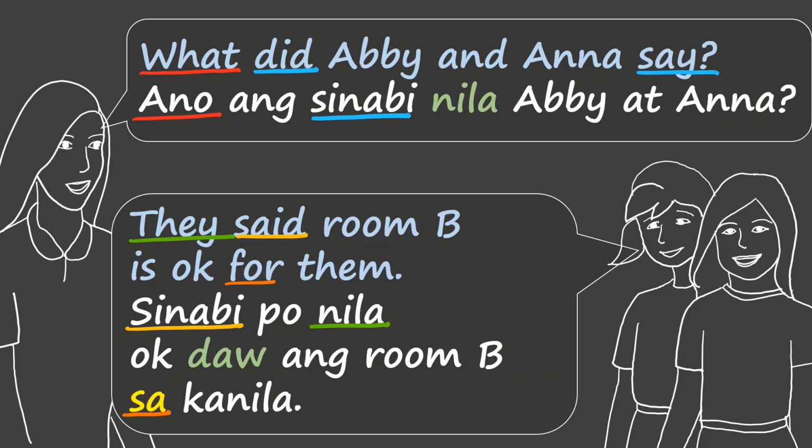And then them is kanila. Now what about that other word in green, daw? If you remember from a few lessons ago, we use daw whenever we are relaying or repeating another person's words. In this case, Jen and Jane are only saying what Abby and Anna said.